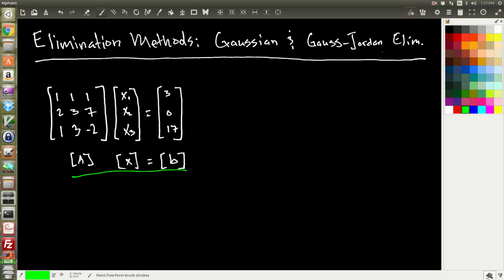The class of methods known as elimination methods are a very common and powerful set of methods used to solve Ax equal b problems. I'm going to demo Gaussian elimination and Gauss-Jordan elimination here.